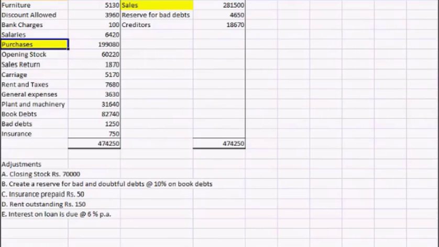The amount is 10% of the book debts. Book debts we have here is 82,740. So the amount of reserve would be 8,274, that is 10%.